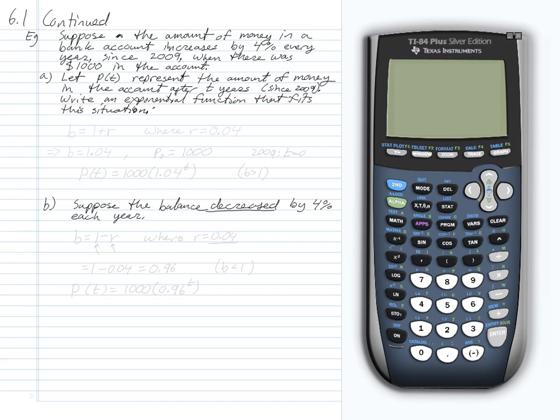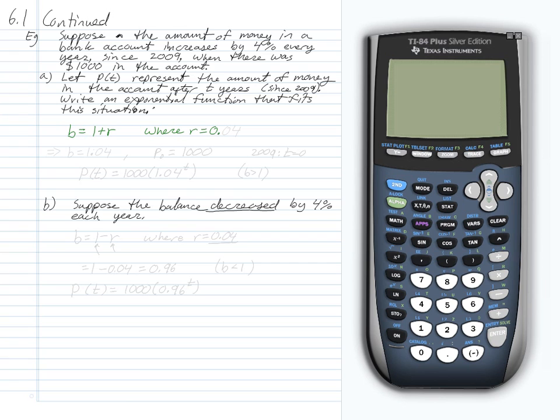So referring to that definition, if we think about how much money is going to be in the account after a year, in 2010, we're going to have 1,000 and 4% on top of that. So the way that we would describe the growth factor, B, that's going to be 1 plus our growth rate, R, where R is 4%.